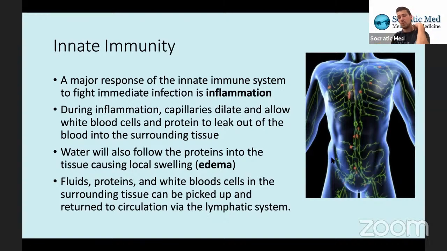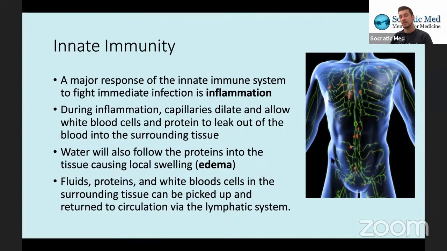Really, the primary reason why they break apart is to let these white blood cells out of the blood and into the surrounding tissue. But white blood cells are so big that if we let them through, we also have to let these proteins through. So the proteins are going to also follow the white blood cells into the tissue, and just by osmosis, the water is also going to follow out of the capillaries into the tissue.